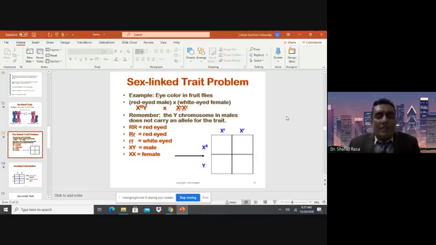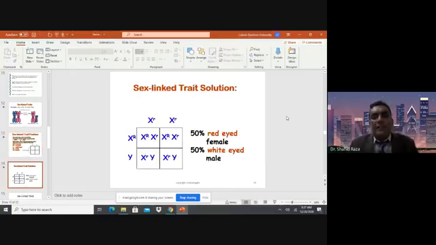Capital R is red-eyed, and small r is white-eyed. XY is male and XX is female. Here is the solution of the sex-linked trait cross: 50% red-eyed females and 50% white-eyed males.